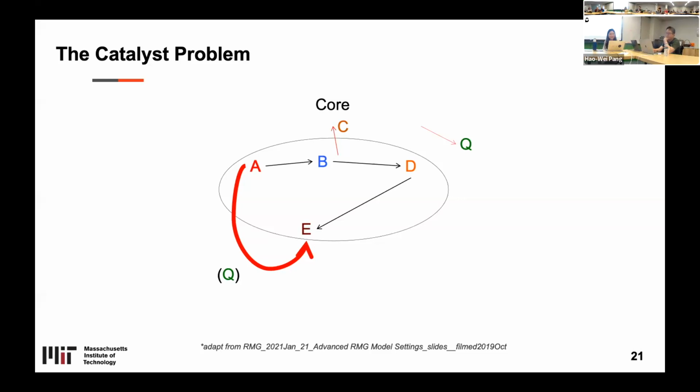I think in combustion chemistry, there are many things like this. This is very difficult for RMG to figure out because in order for RMG to find Q, it has to first recognize, oh, B to C is important, but B to C has very low flux. So it's challenging for RMG.